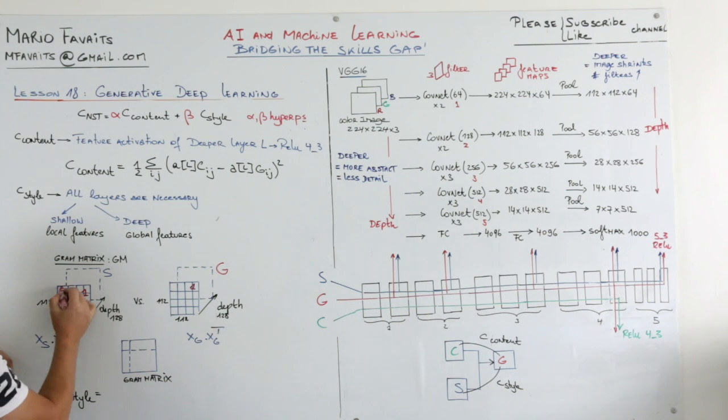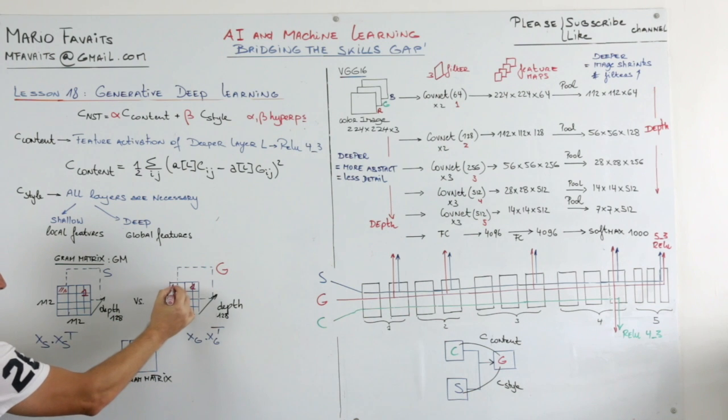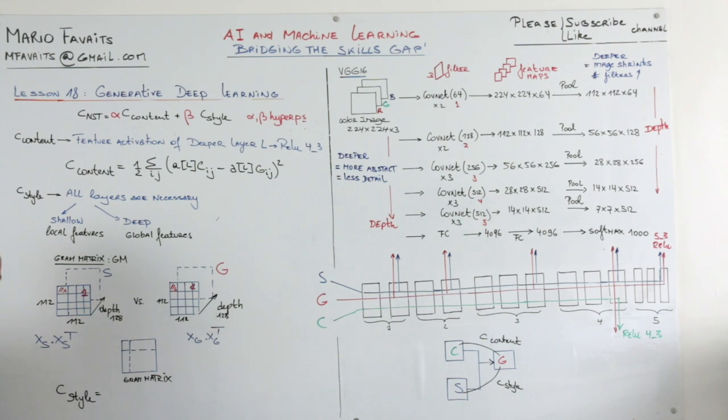So first I'm going to compare this one with this one. Alright? Then I'm going to compare this one with this one. And that I do for all 128 filters. So for filter number 1, this is the value you're going to get here. So the size of the gram matrix is the number of channels, so it's 128 by 128.